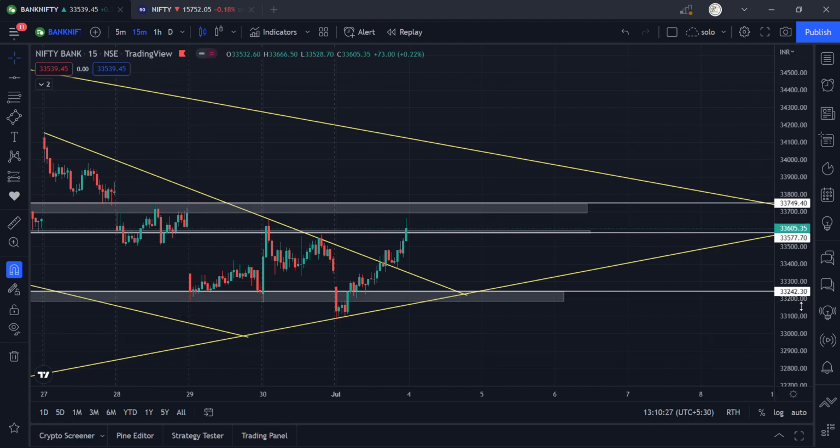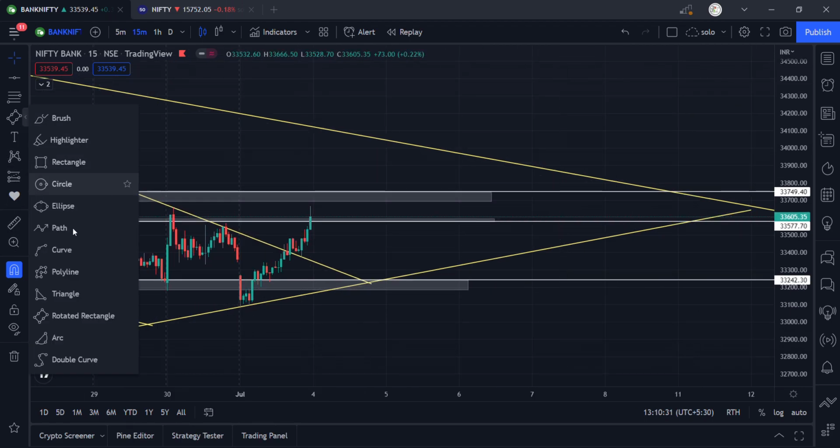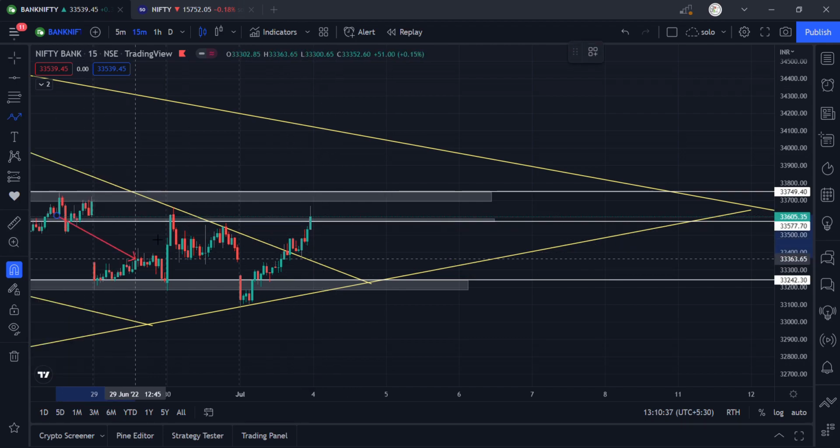So 33,242 is our target for the bearish side. Got my point? If the market breaks this, then your entry should be here itself at 33,577 to the target of 33,242 for the bearish side.